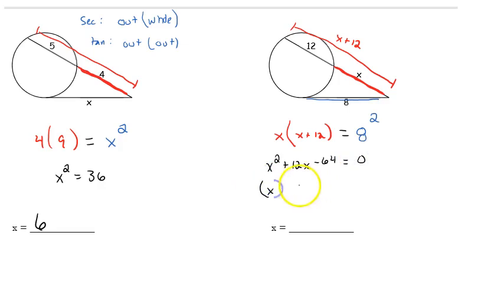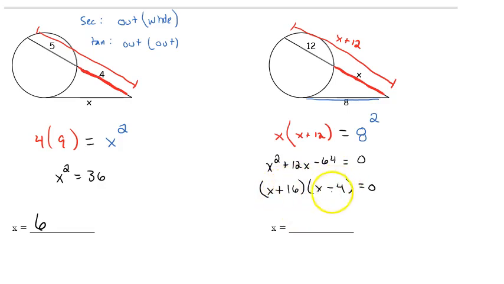I have my factors of x and x. And now I need to figure out what multiplies to negative 64 and adds to positive 12. So what we find is that we have 16 and 4, and since the 12 is positive, positive 16 times negative 4 is negative 64.